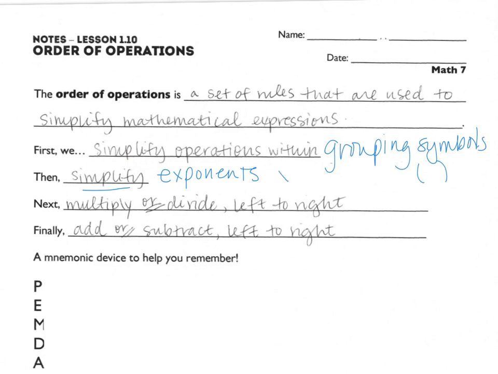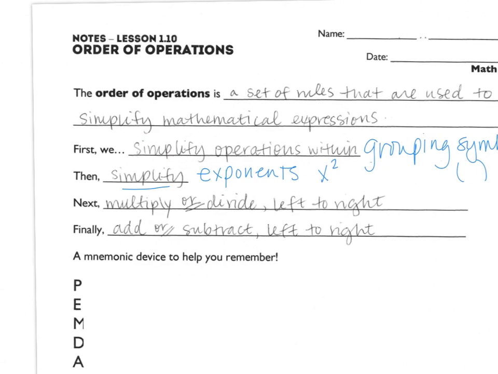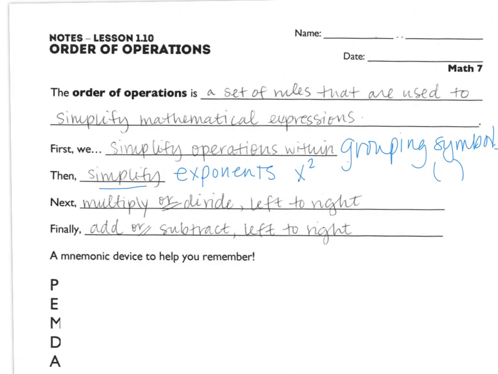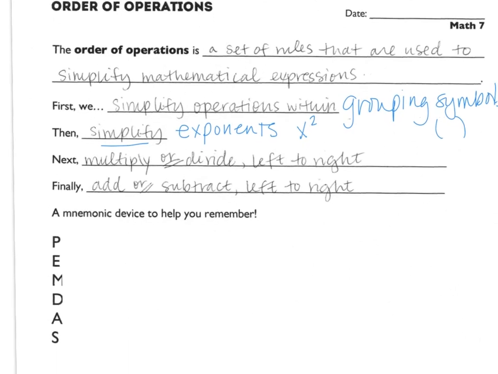So again, an exponent looks like that. Then next, we multiply or divide, and we go left to right. And then finally, we do the adding or subtracting, and again, we have to go left to right. So let me show you what that means when I say go left to right.